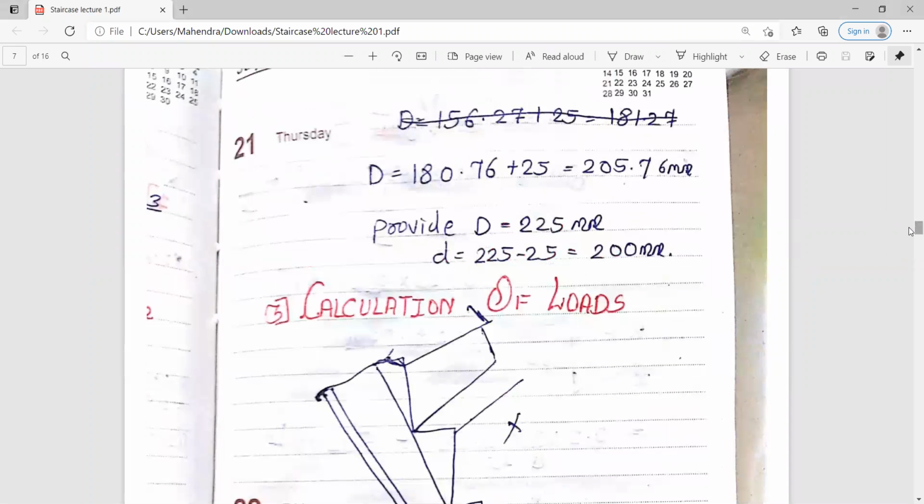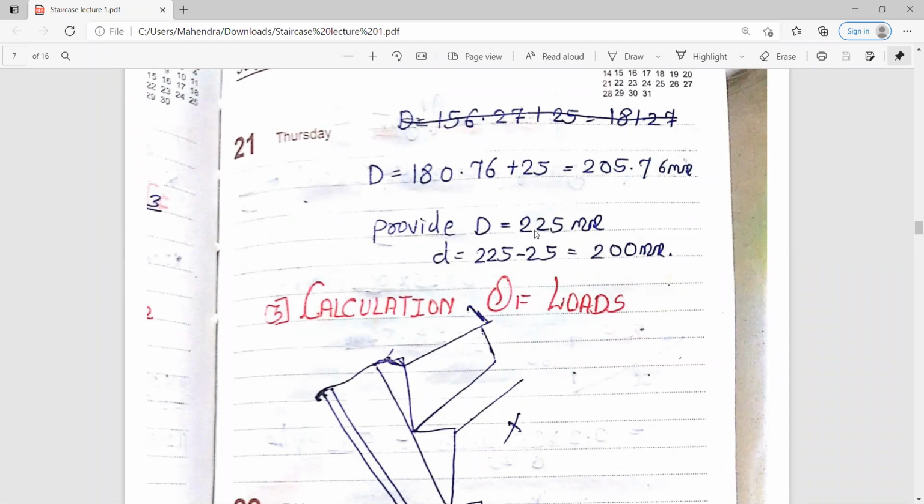After taking the effective cover, you need to calculate the capital D. So capital D will be 180.76 plus effective cover, which comes to 205.76 mm. So capital D will be 225 mm, and the small d will be capital D minus effective cover.